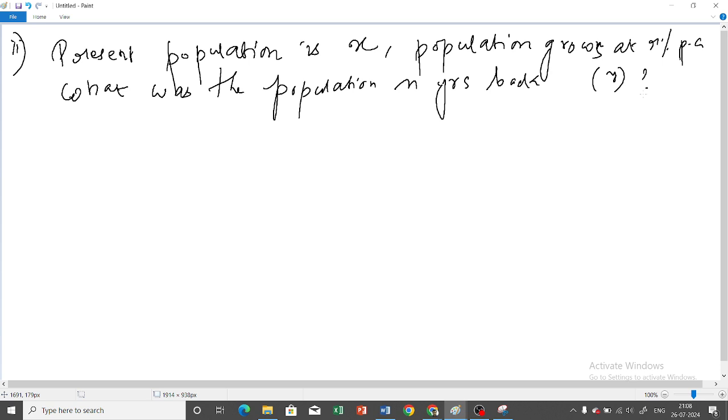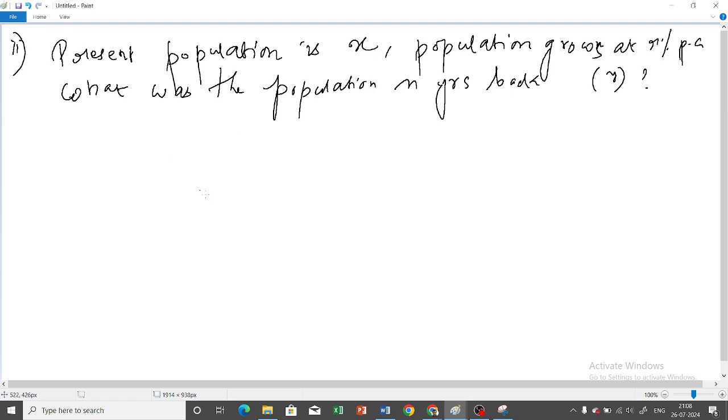Tell me which formula first of all. Ishika, which formula? P into 1 minus r by 100, bracket closed, to the power n.